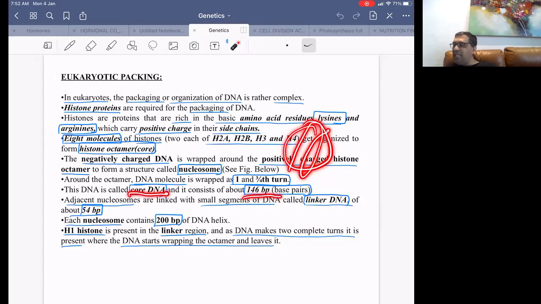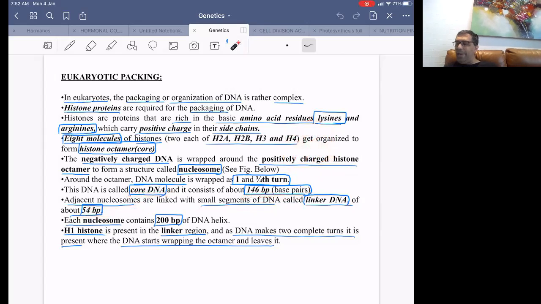Core DNA has 146 base pairs, and adjacent nucleosomes are having small segments of DNA which are called linker DNA, which are 54 base pairs.